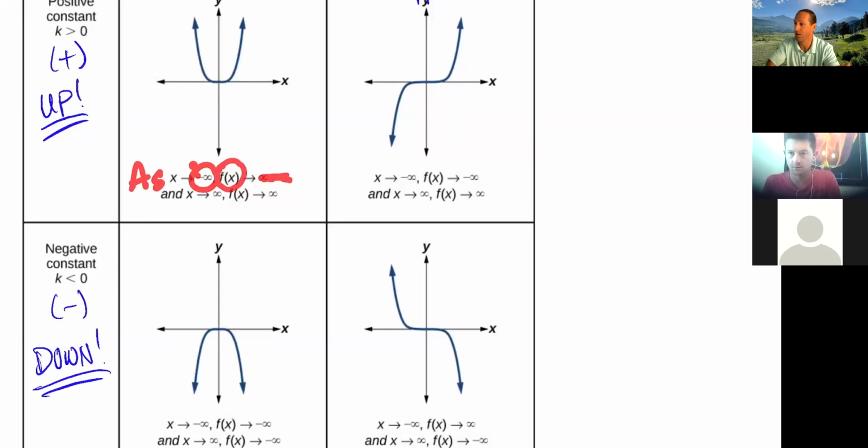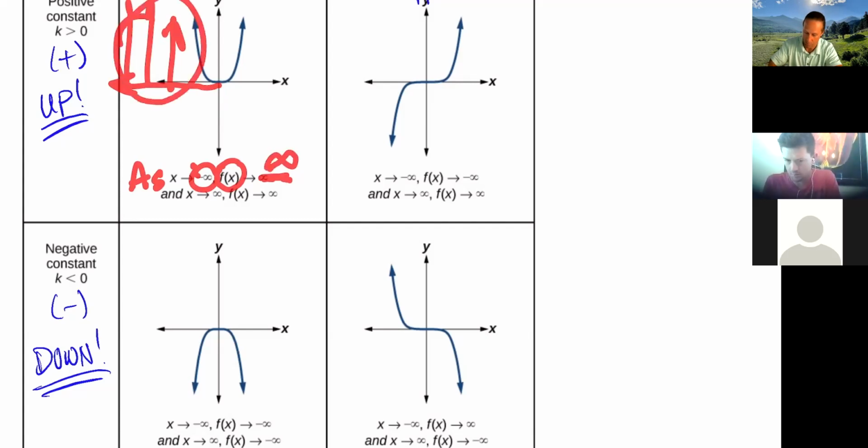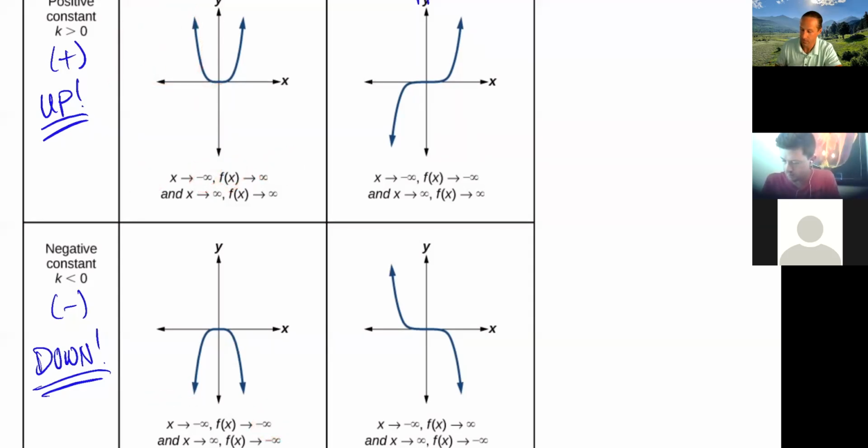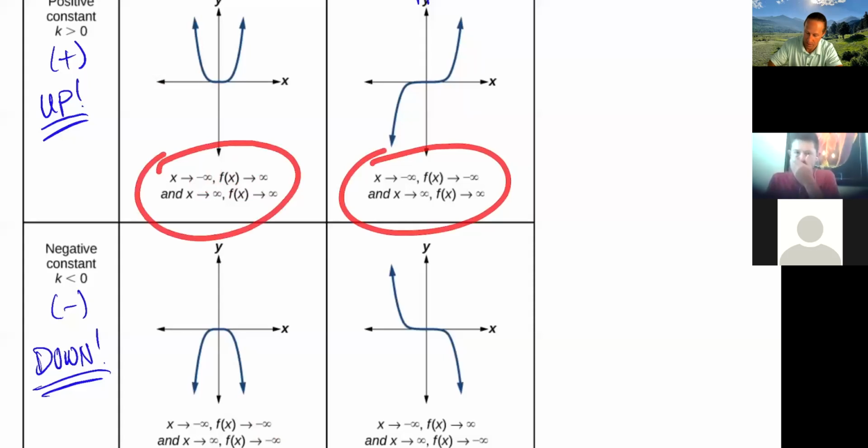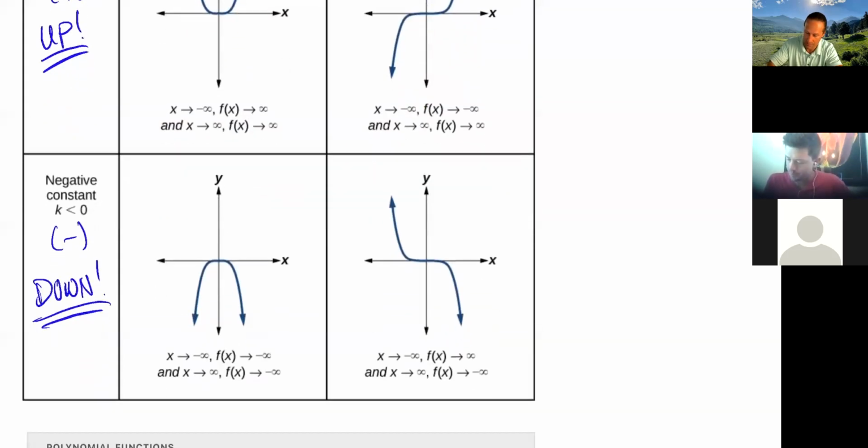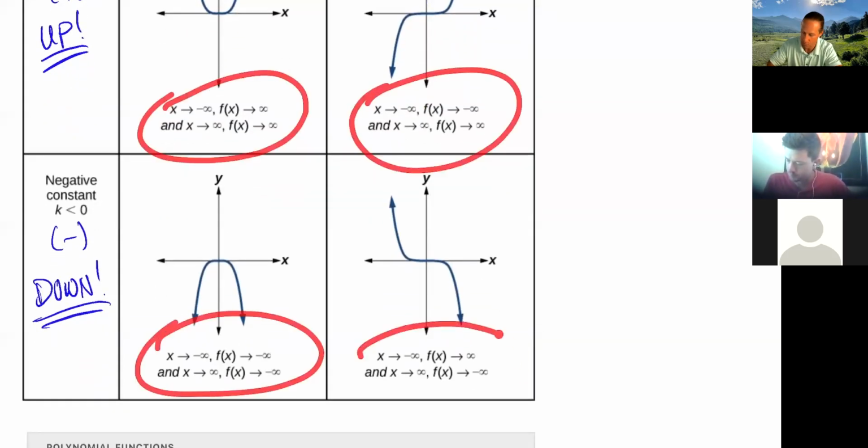Left. Very good. The far left, as our x's go that way, what do our y's do? They go down. They go up for this one, or very good, down for this one. Okay, so when they ask for end behavior, this is what they're going to want you to be able to tell them.